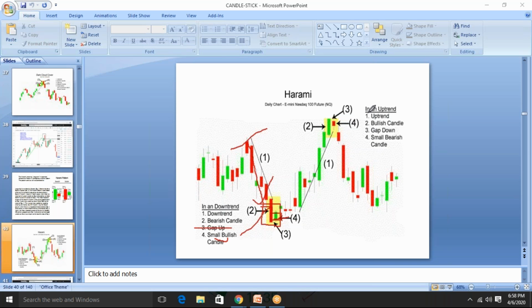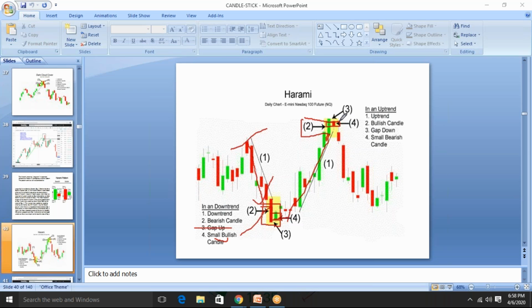Similarly, there is a case of bearish harami. There should be an uptrend in market. 10 to 12 candles should be in uptrend, and one candle should be a bullish candle, right at this level. This is a bullish candle, and the next candle should have a gap down opening. Clear cut, this is gap down opening.